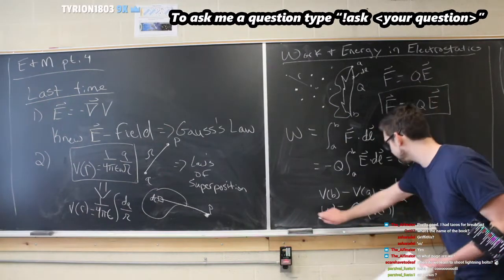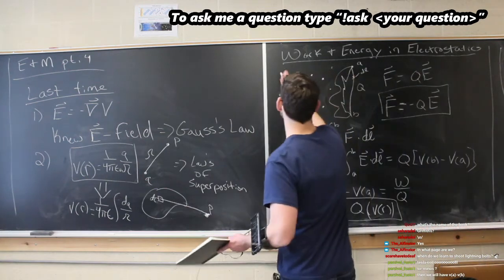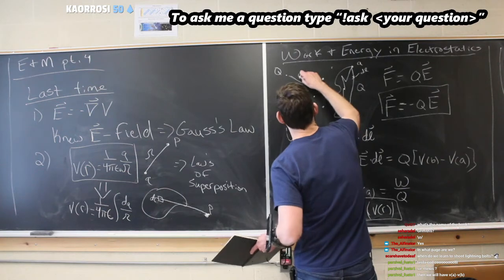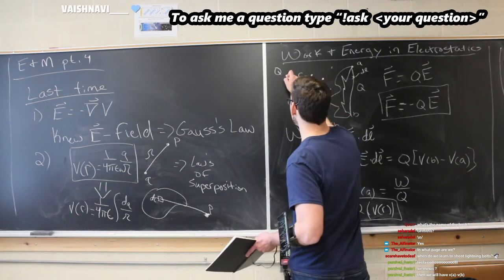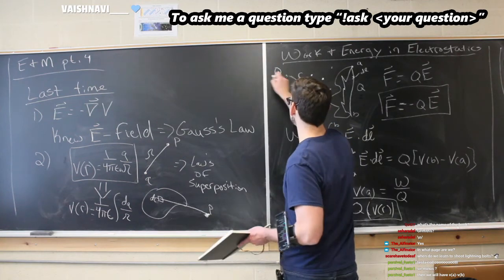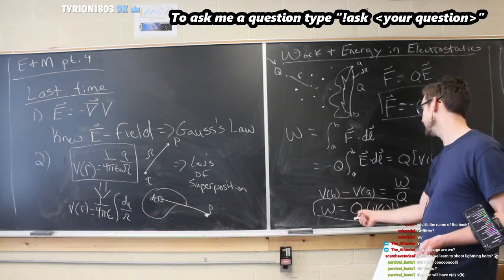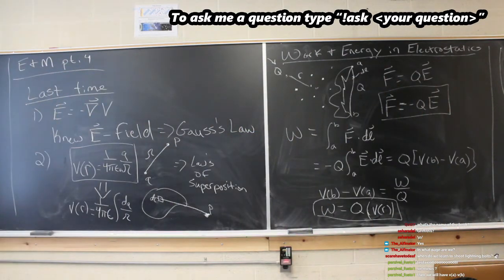Now this is a curious formula. Okay? So if we have some charge Q here, a different one now, and we're bringing it into the mix, and you want to consider the potential of all of these particles on this one, you're just bringing this in from infinity, right? So it turns out that the work of that particle is Q times the potential. Does anybody know where they've seen that before?